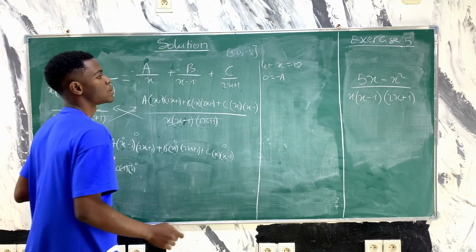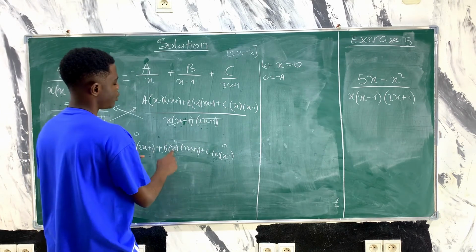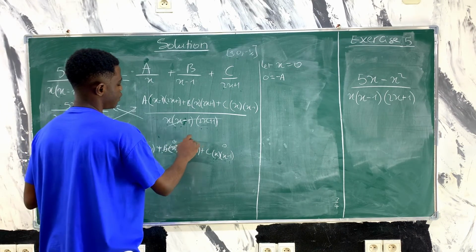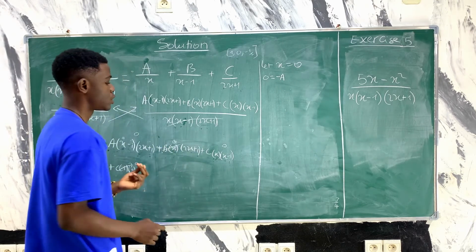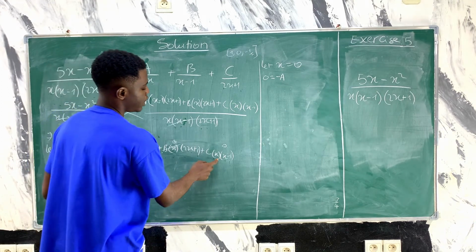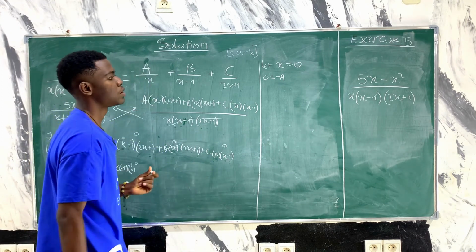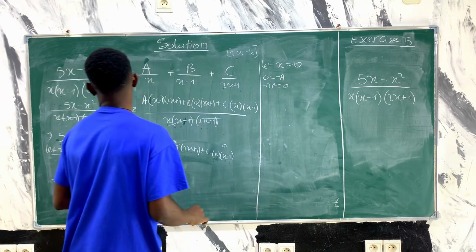I can't write everything because a plus... When I put 0 here, all of this will go to 0. b times 0 times 2x plus 1 is 0. So I'll just put the 0 there, plus 0. Even here, when I put 0, everything goes because of the same reason. Which implies a is equal to 0.